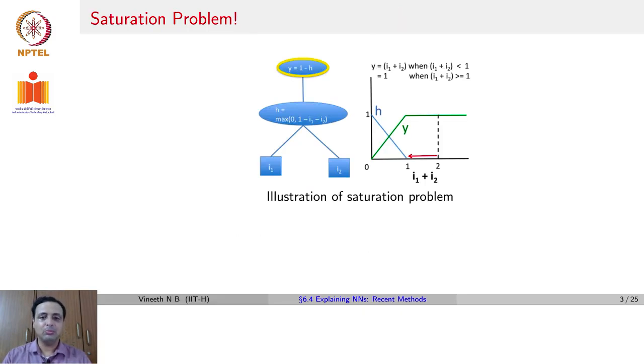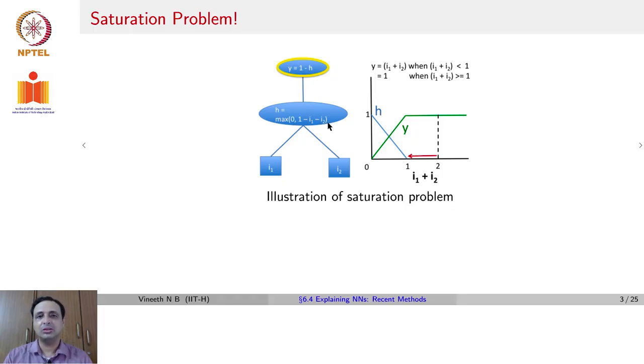Let's consider a scenario where we have two inputs, I1 and I2. They are fed into the next layer. The bottom is the input, the top is the output. The neural network is presented this way. These go into the next layer where, let's say, we have a ReLU activation function, which gives out an output h, given by max of 0, 1 minus I1 minus I2.